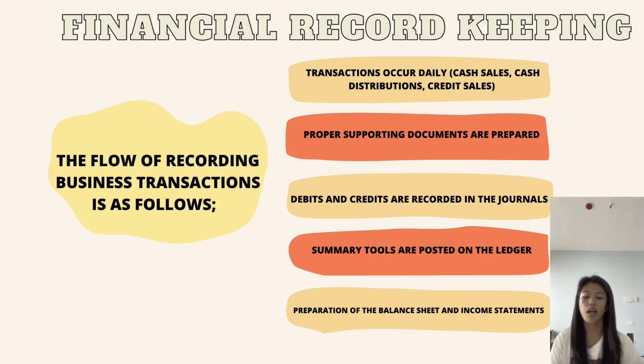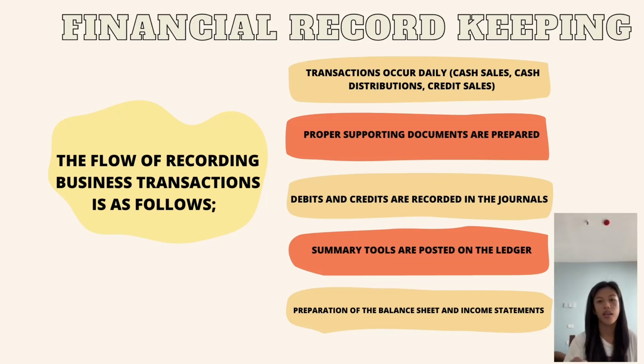So next one is the summary totals are posted in the ledger. Mao na i-discuss nako unya ang pag-differentiate sa imong pag-post sa imong journals and the ledger. So next is the preparation of balance sheet and income statements. What is a balance sheet? A balance sheet is a financial statement which shows the financial position of an enterprise for a particular date.